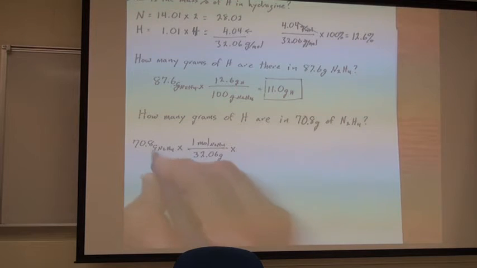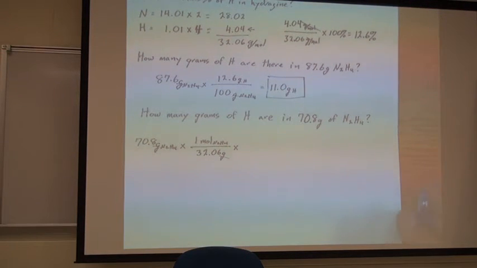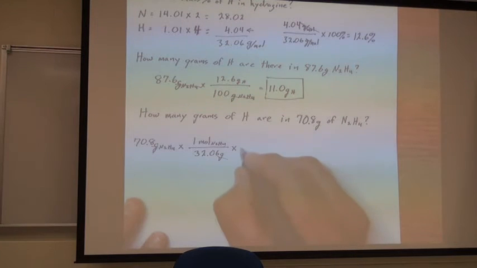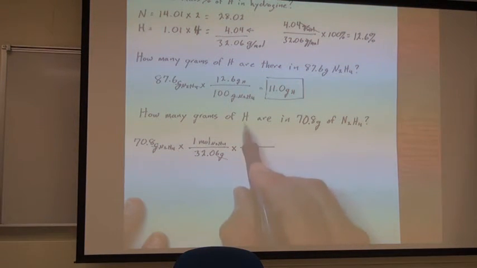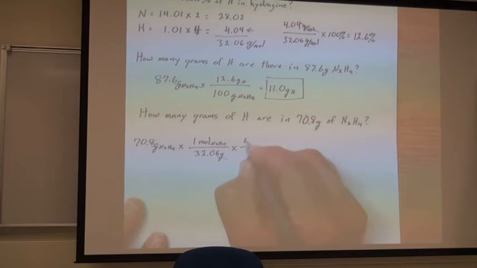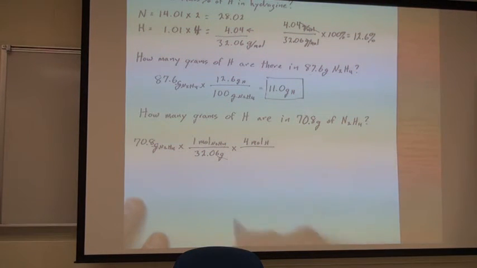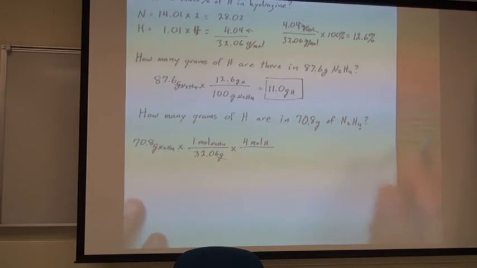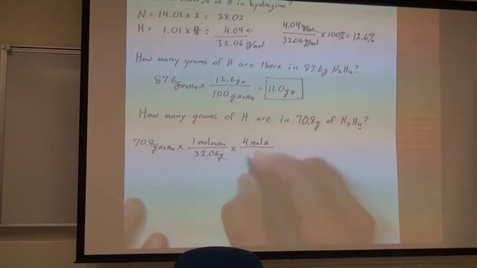So I got rid of grams. Now I got moles. Now I want moles of hydrogen. So how many moles of hydrogen are there in 1 mole of N2H4? 4. And how do we know there are 4? Because there's this little 4 right there. That tells you there's 4.